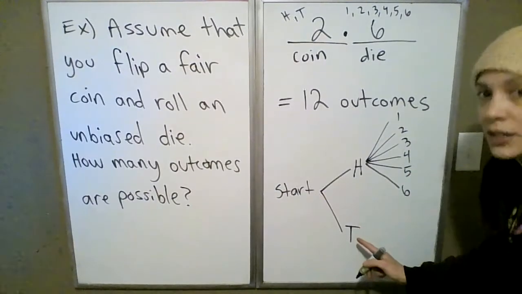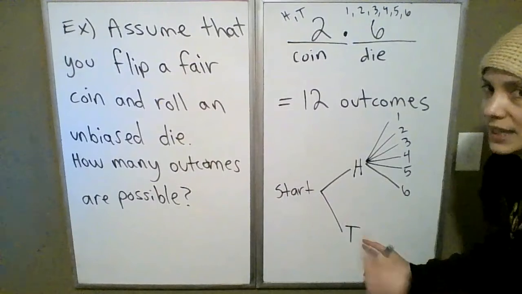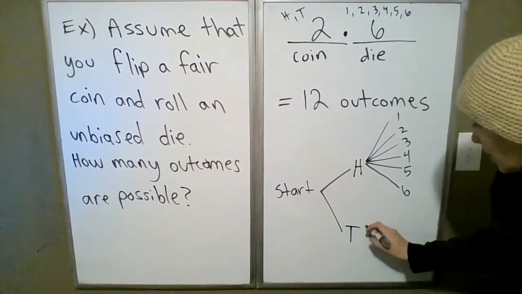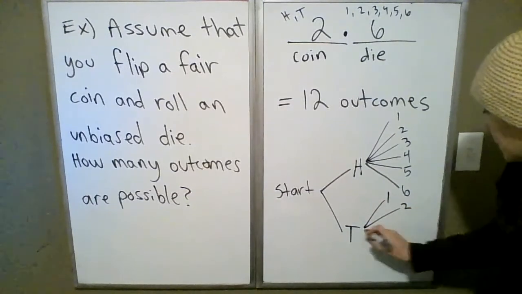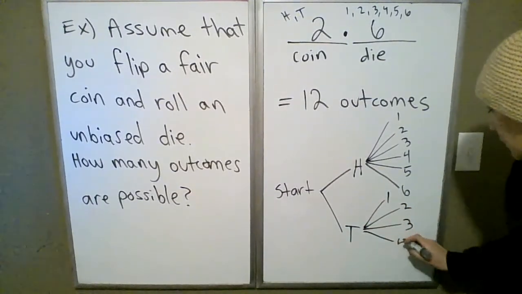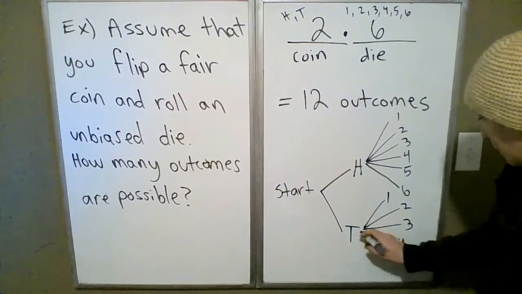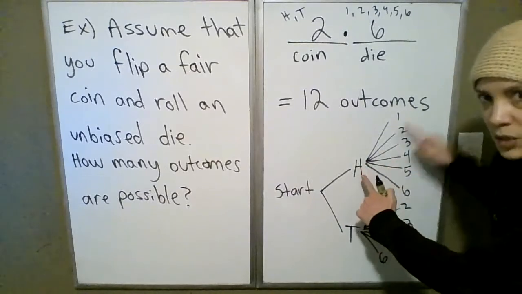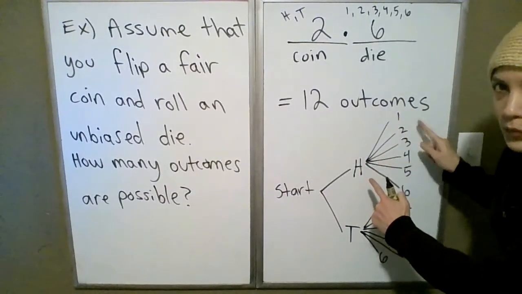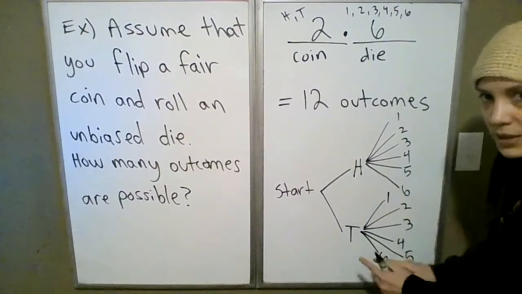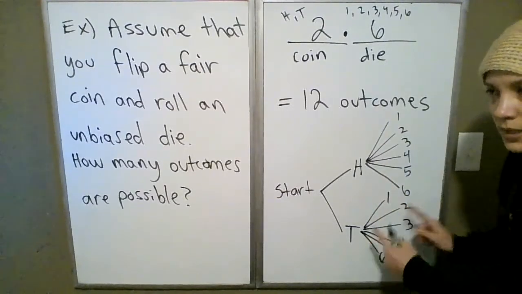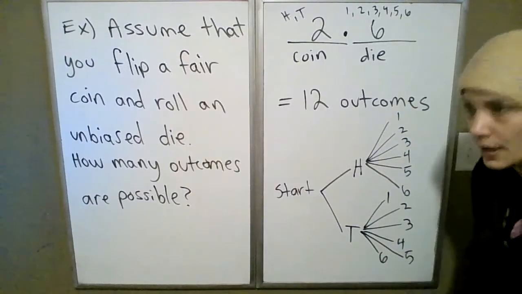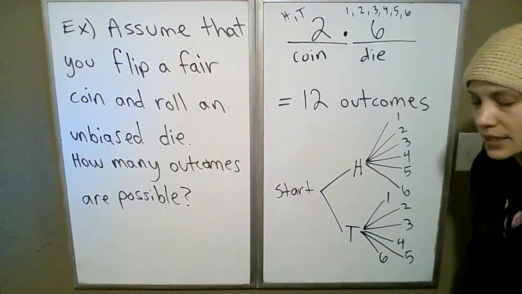Let's say you flip a coin and get tails, and then you roll the die, and you can have 1, 2, 3, 4, 5, or 6. And so you would go along each branch to get all 12 outcomes. A heads then 1, heads then 2, heads then 3. Tails 1, tails 2, tails followed by 3. And you'll find a way to represent the sample space.